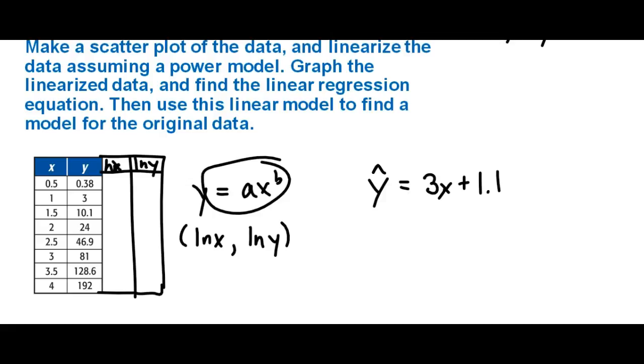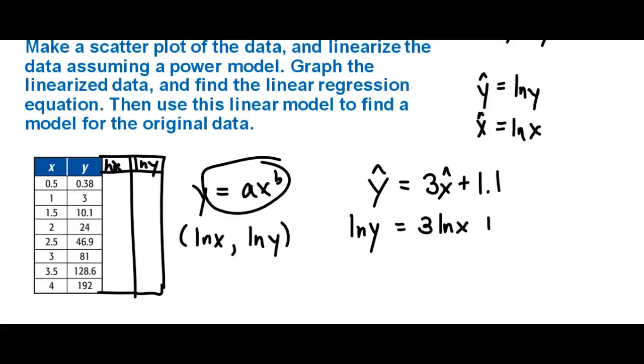We're going to call them y hat and x hat, where y hat equals the natural log of y, and x hat equals the natural log of x. So if we were actually to use this to solve for something, we'd have to realize that the ln of y equals 3 times the ln of x plus 1.1. But notice this equation here is something you're very familiar with. You know the slope of 3, y-intercept of 1.1, whereas you might not have readily been able to figure out some values based on the original function. So that's why linearization is helpful to us.